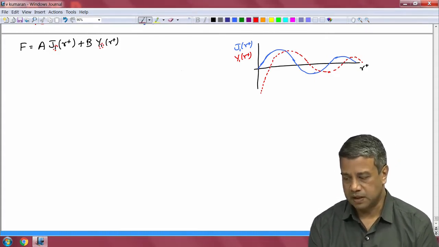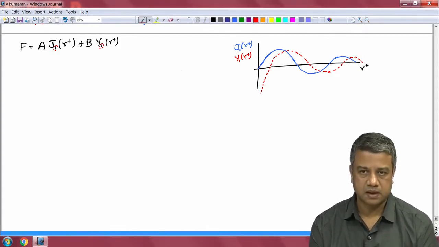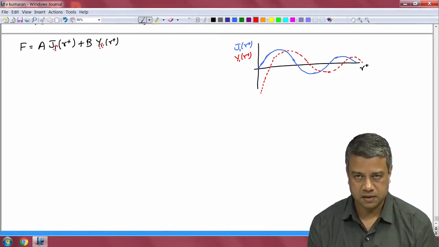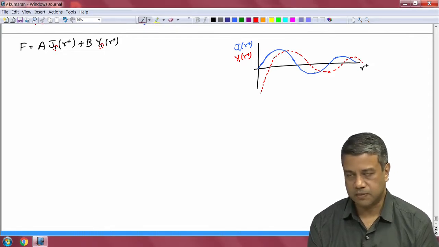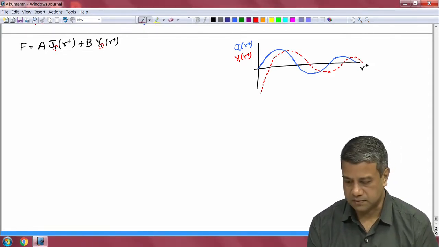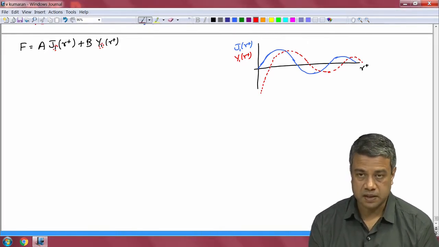It increases proportional to r at r equal to 0. J0 is a constant, or has 0 slope. J1 is proportional to r, J2 is proportional to r square, and so on. Those are properties of the Bessel function. Y1 goes to minus infinity.